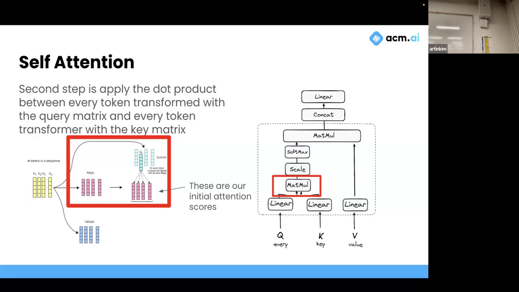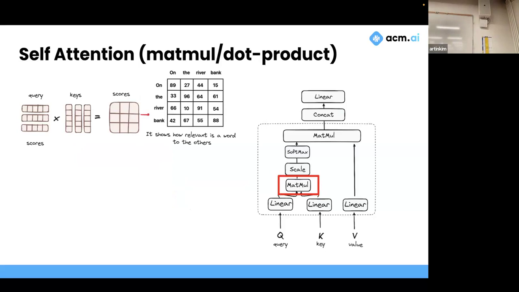And what is this doing, meaning-wise? Well, if we look at the word, let's say, bank, when we do that matmul, we get a dot product, which is a similarity score between the vectors. So we can see bank has a 42 score, which we can normalize, on has a 67 with the, and has an 88 with itself. What's interesting is that the and bank actually have a higher number than river.